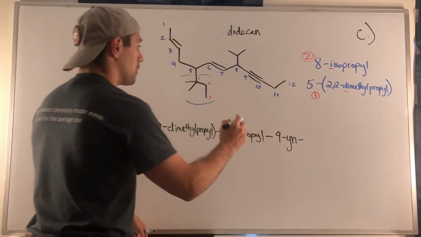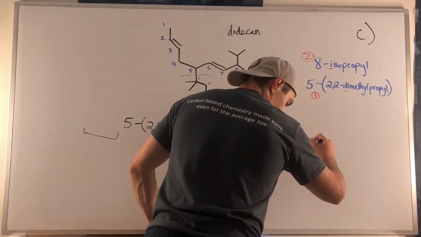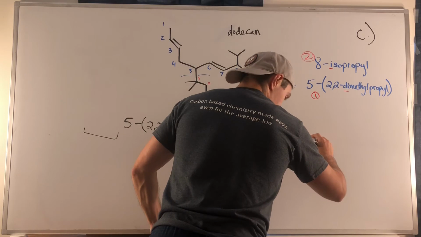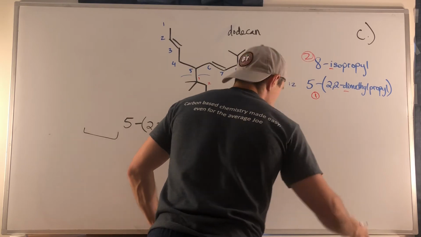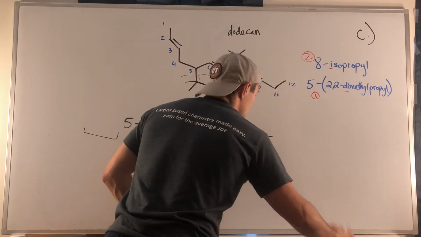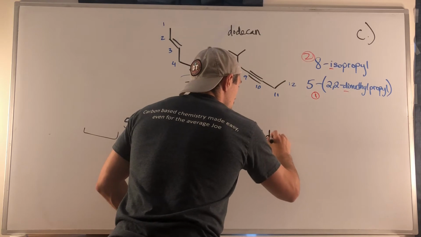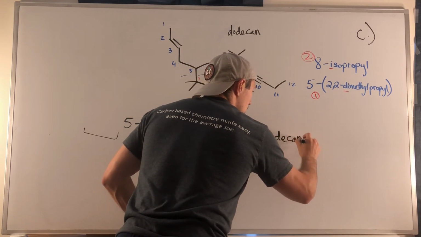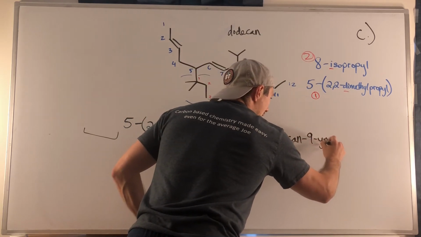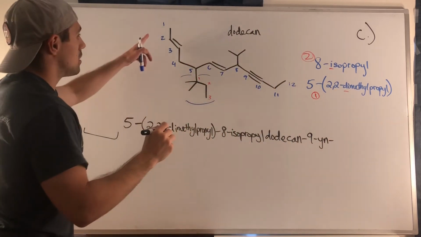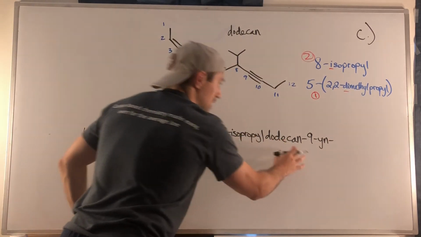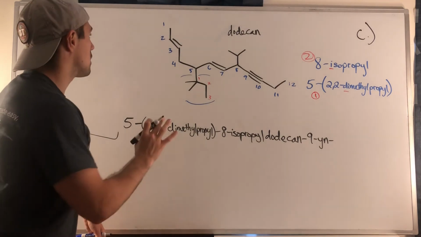So then we can do, one second, just make sure, yep. Oh, whoops, I actually did that, I apologize. So we actually start to write: we do dodecane, then we do 9-yne, and this is part of the parent name, but it doesn't finish the name. The highest priority does.